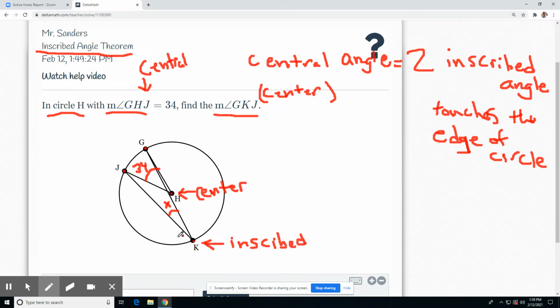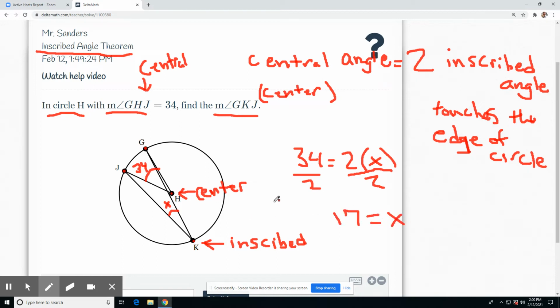It's just a matter of identifying them and then applying the formula. So the central angle is 34, which is equal to 2 times the inscribed angle, and the inscribed angle is X. In all of these, you're either multiplying by 2 or dividing by 2. In this case, we are dividing by 2 to find X, and I get 17.